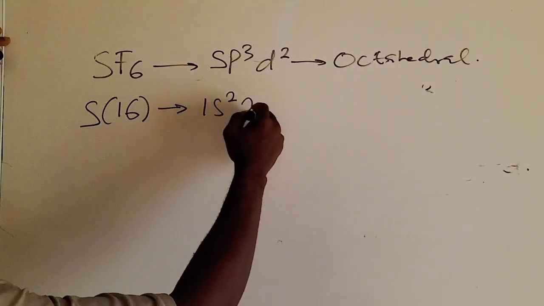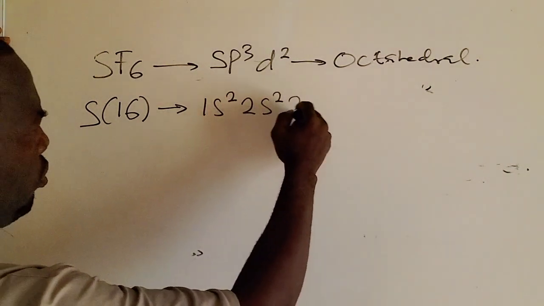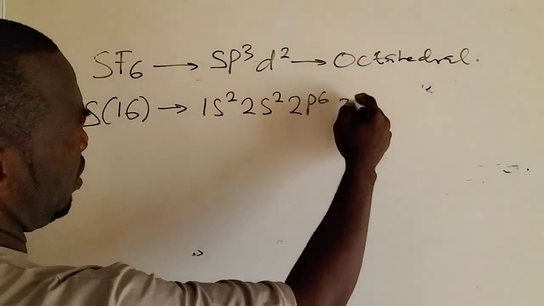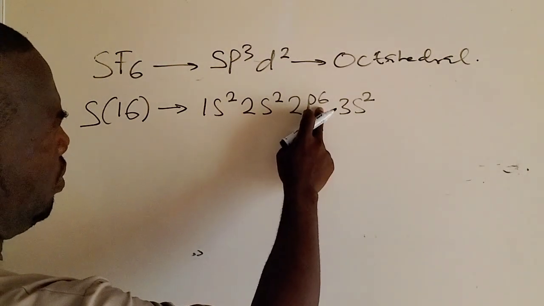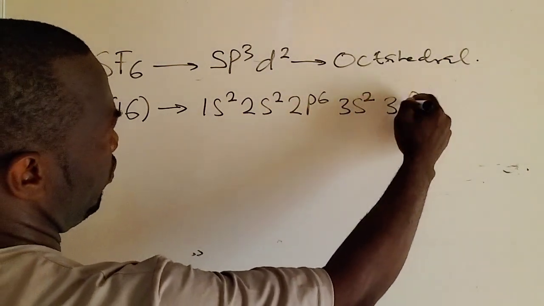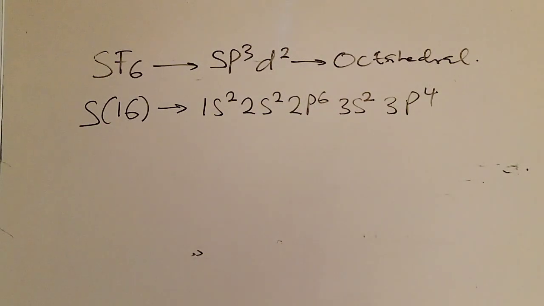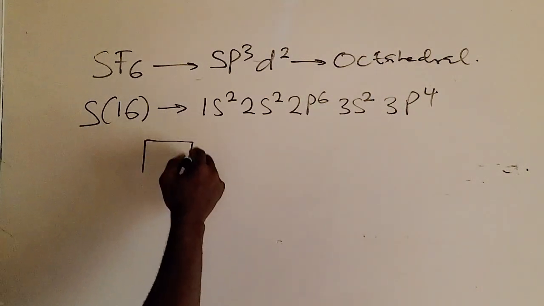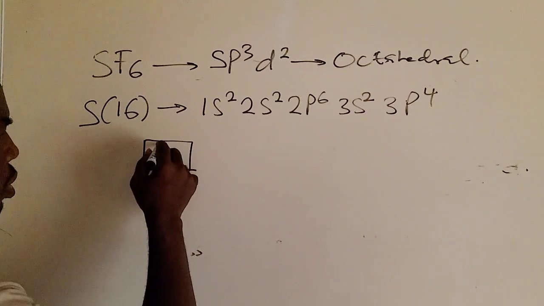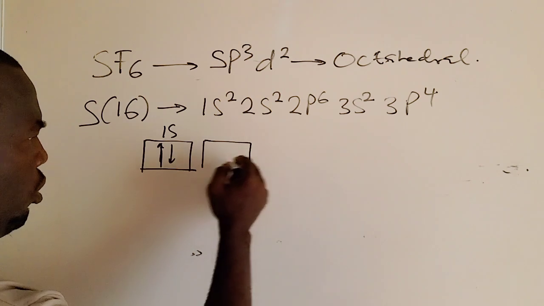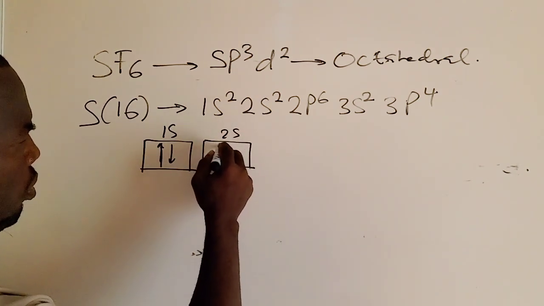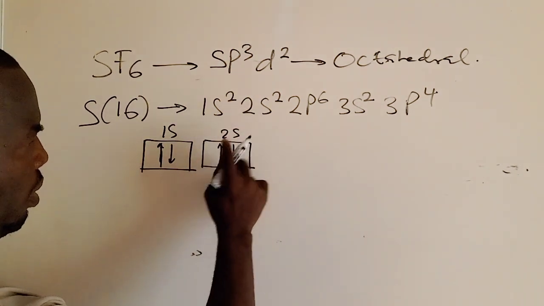1s2, 2s2, 2p6, 3s2, that is 10, 12, and then 3p4. So having done that, we're going to draw the orbital diagram or box for sulfur. 1s has 2 electrons, one up, one down, in accordance with Pauli's principle. 2s has 2 electrons, one up and one down.